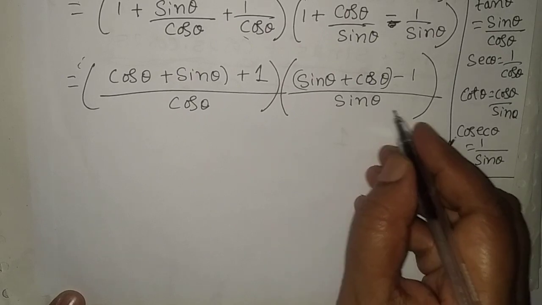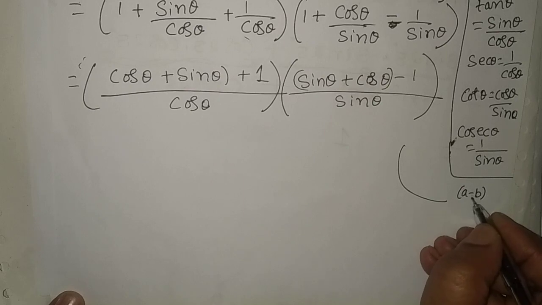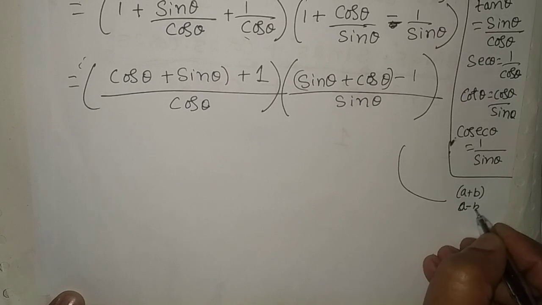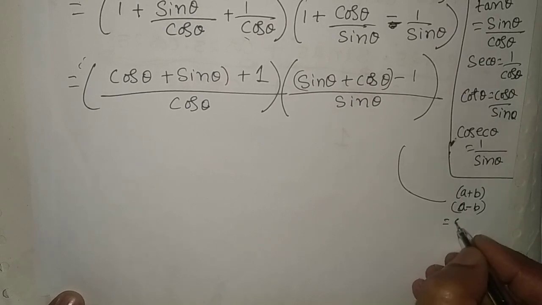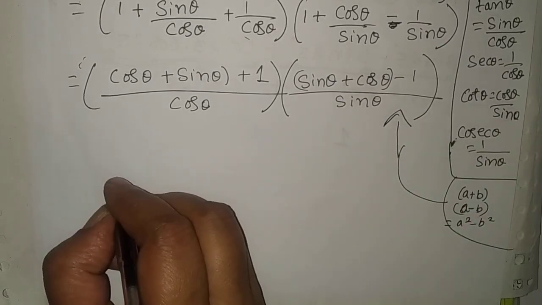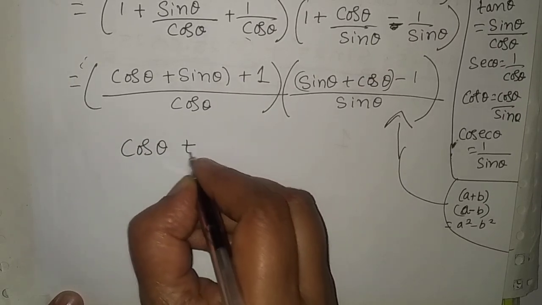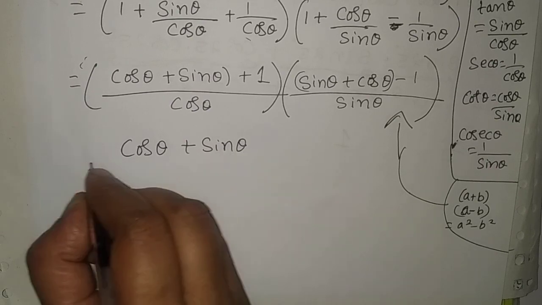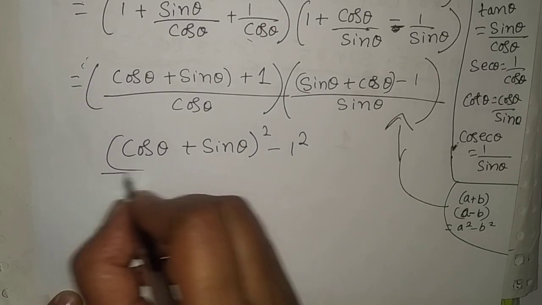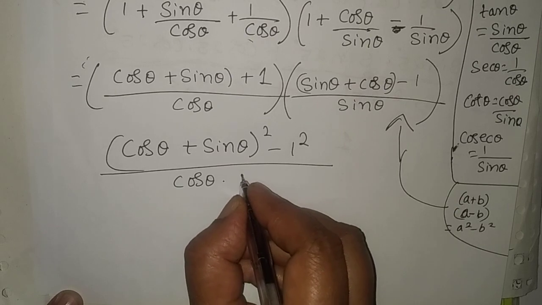It can be written as a minus b into a plus b, which is a square minus b square. Apply this here, then we get cos theta plus sin theta the whole square minus 1 square, divided by cos theta and sin theta as it is.